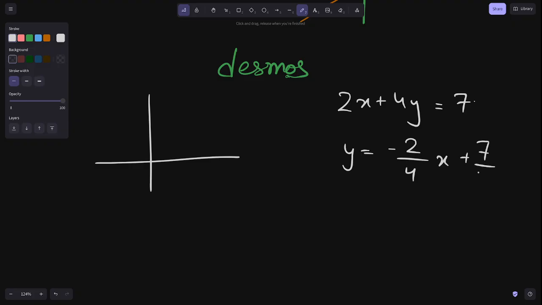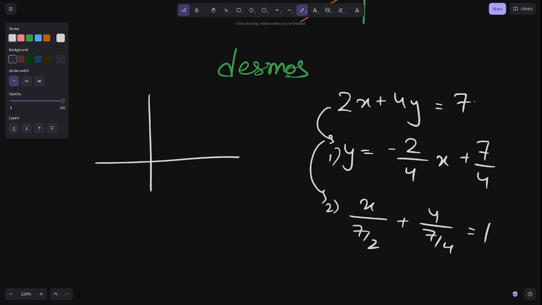Or you can divide by 7 everywhere, so x by 7 by 2 plus y by 7 by 4 is equal to 1. These are the two ways you can arrange this.